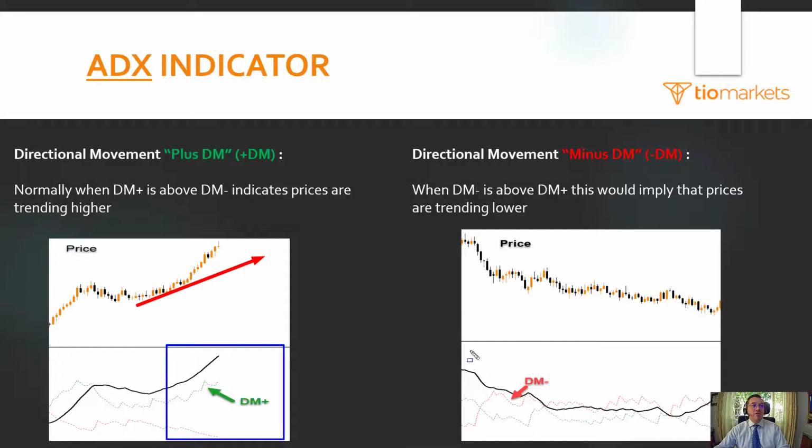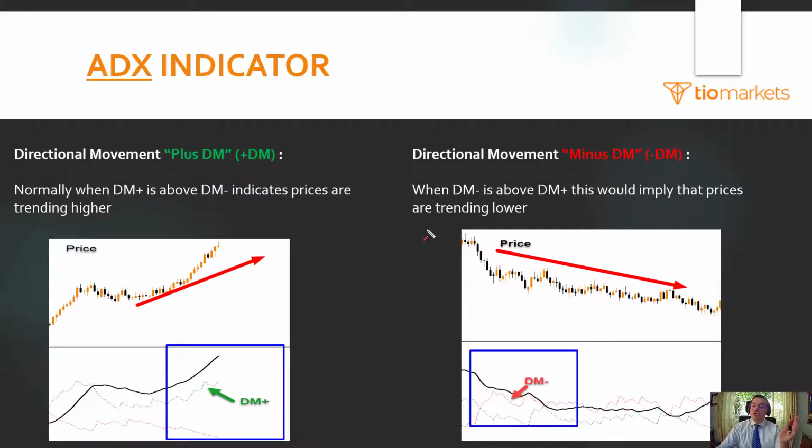Here we have negative directional movement above the positive: prices trending lower. And the opposite, when the negative is above the positive, implies that markets are trending lower.